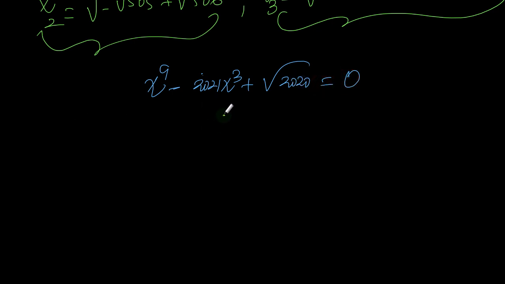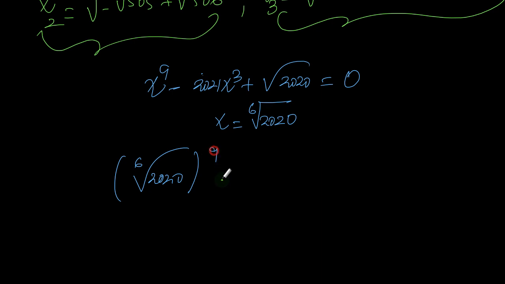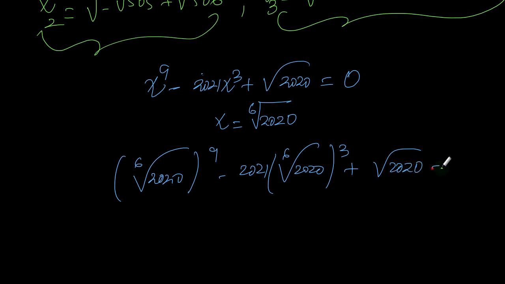So our x is equal to this root here. So now let's check if this is correct guys. Let's replace this here. We're gonna have then this one to the power of 9 minus 21, this one here to the power of 3, and then plus square root of 20, and then this is equal to 0.